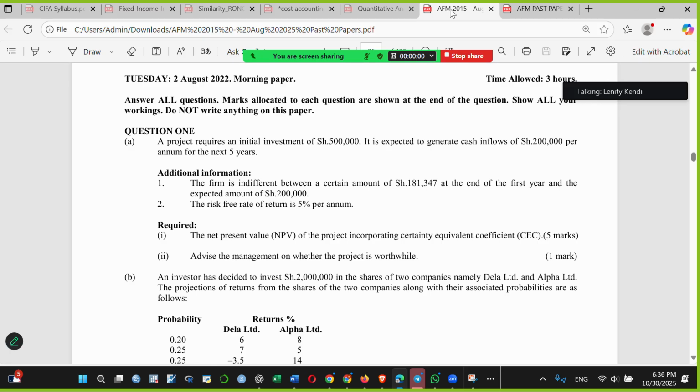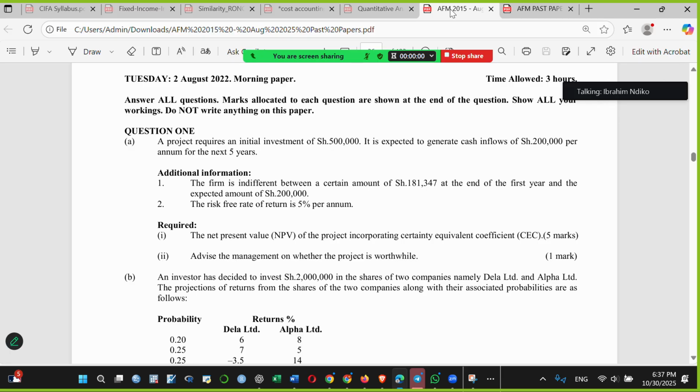The risk-free rate of return is 5% per annum. Required: the net present value of the project incorporating certainty equivalent coefficient. Advise the management on whether the project is worthwhile.